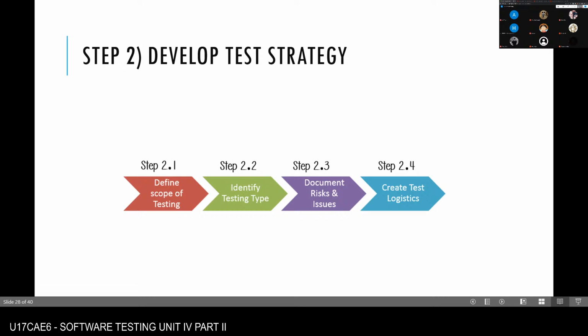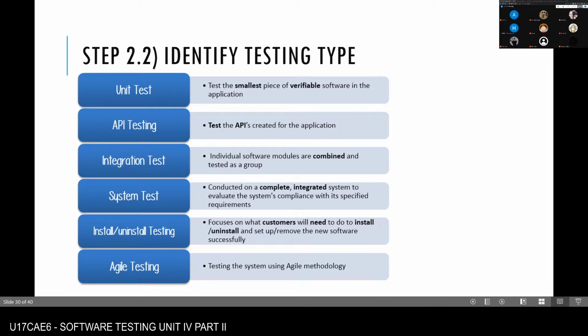For example, if they are displaying the result, if the server capacity is not that much, then the people seeing the result can't access the system quickly. So what is the deployment, the server side? These things come under the scope of testing. As I told, identify the type of testing: unit testing, API integration, system tests, installation testing, agile testing. So these are some of the things which you have to do.